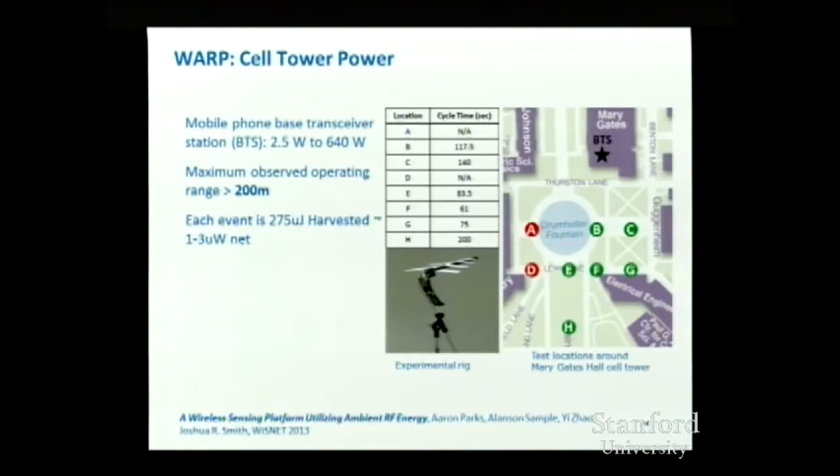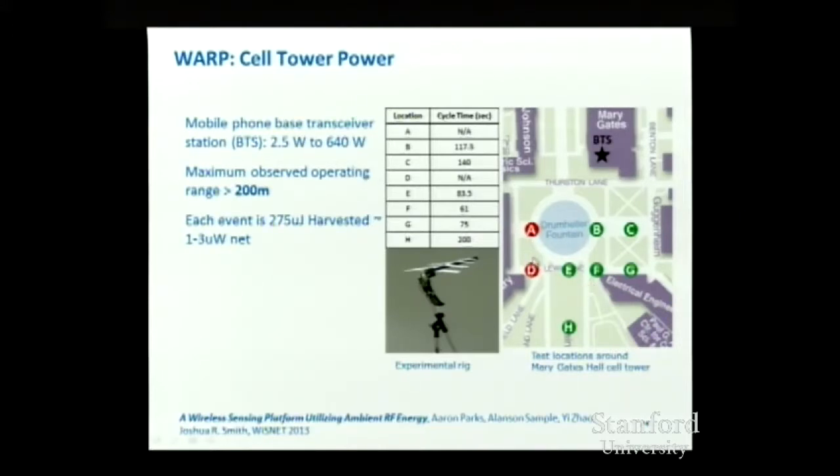So more recently, we've been able to harvest from cell phone towers. The map over here on the right is the University of Washington campus. There's a large fountain here, and on top of this building, there's a cell phone tower, an array of antennas. At these green locations, we were able to harvest power from those cell phone base stations, do a sensor measurement, and transmit data a short distance using a Zigbee-like radio.